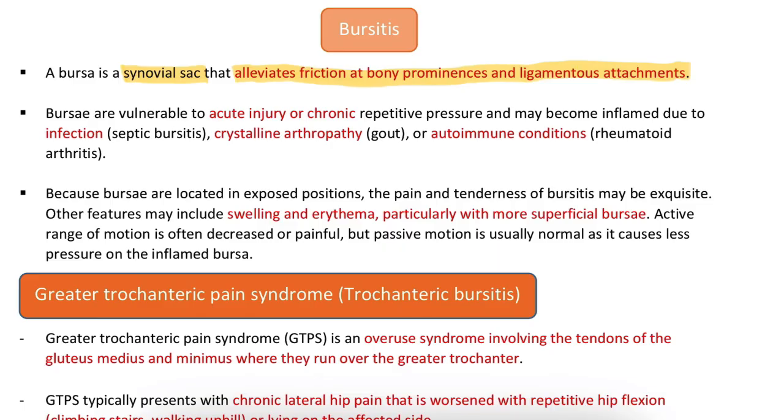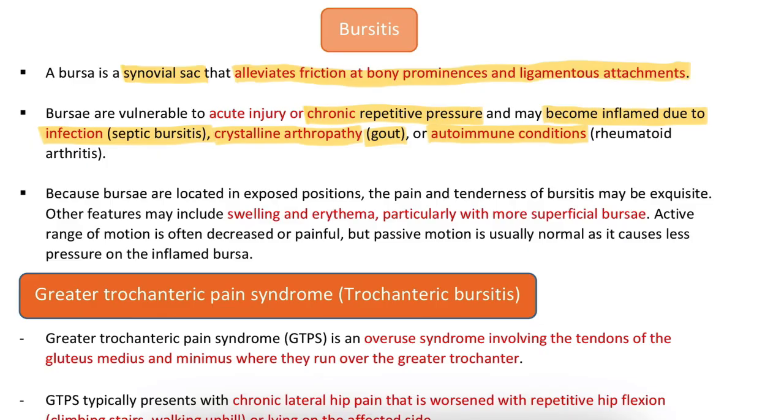Why do we most commonly see this type of bursitis? Because of chronic repetitive pressure, and it may become inflamed due to infections like septic bursitis and crystalline arthropathy such as gout, and autoimmune conditions like rheumatoid arthritis.